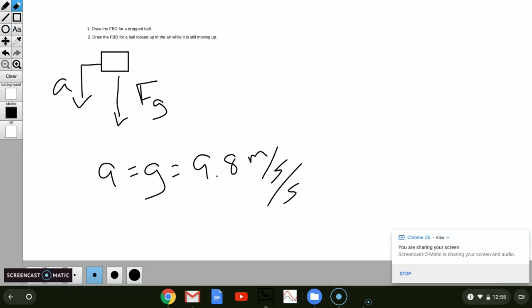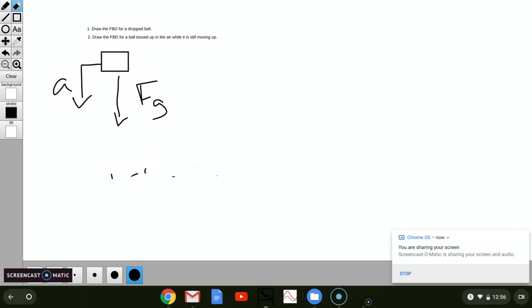Okay, we're going to draw the free body diagram for a ball that's been tossed in the air while it is still moving up. So this is just me tossing a ball up in the air, and as the ball goes past my head, what would the free body diagram of that look like?